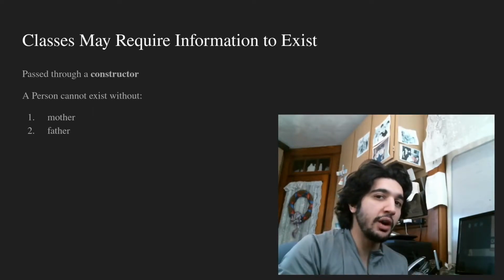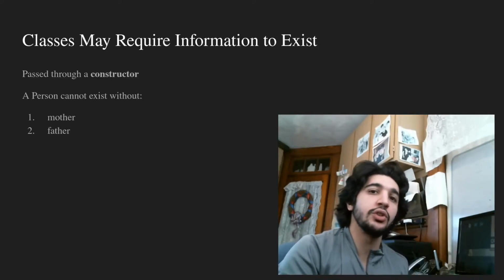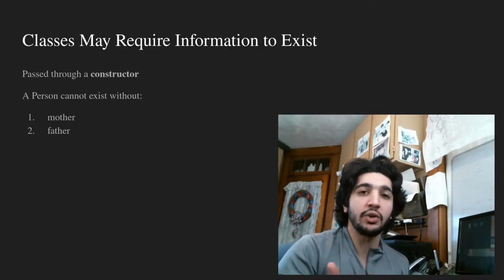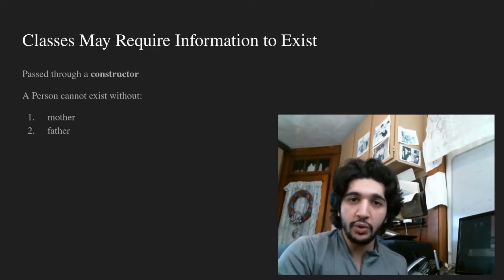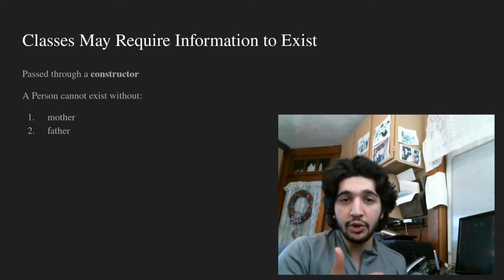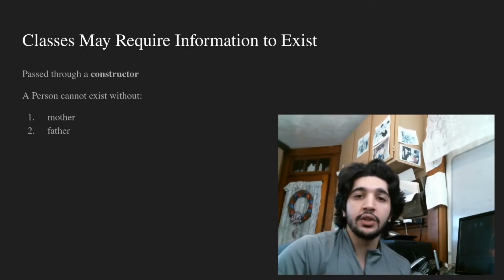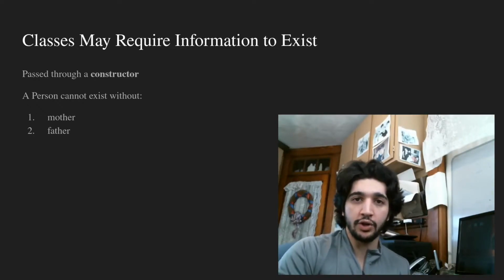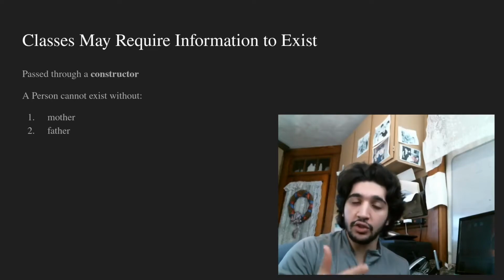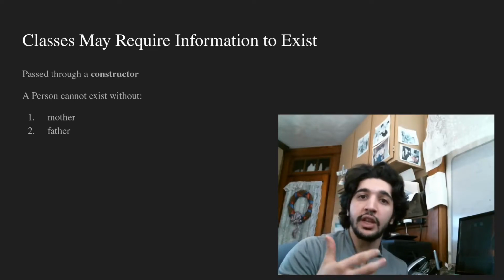So we've talked about what a person is and what a person can do, but we have not talked about how to create a person. Now it's 2021 and we haven't figured out how to create a person without a father and a mother. So the way we do this in programming is we expose a special function called a constructor. This constructor is described in the class.